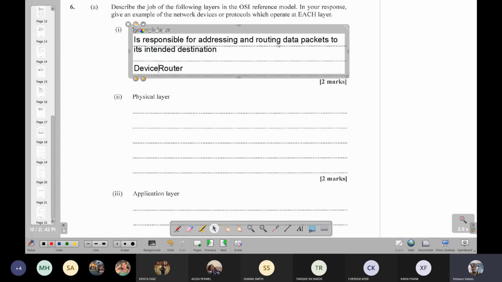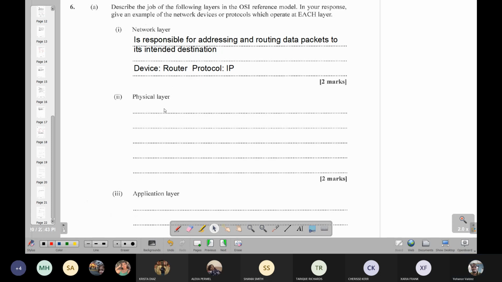So the device is a router, and a protocol would be IP, not TCP, just IP, the Internet Protocol.